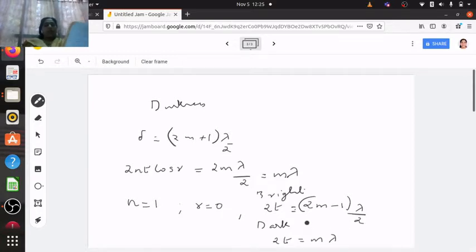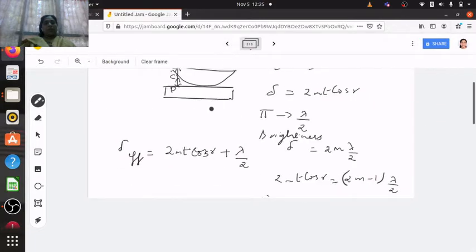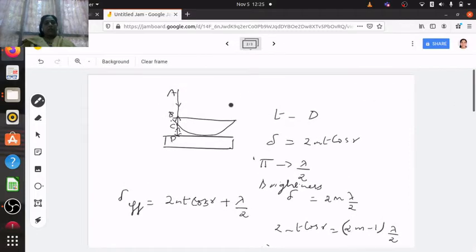The air film has the same thickness at all points along the circumference of a circle. We can see the experimental arrangement here. The air film has the same thickness at all points along the circumference of a circle with the center O and the radius OD.